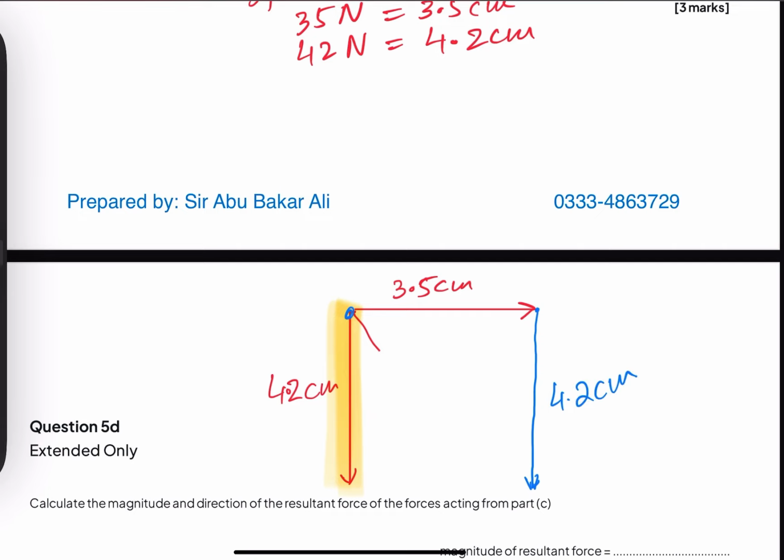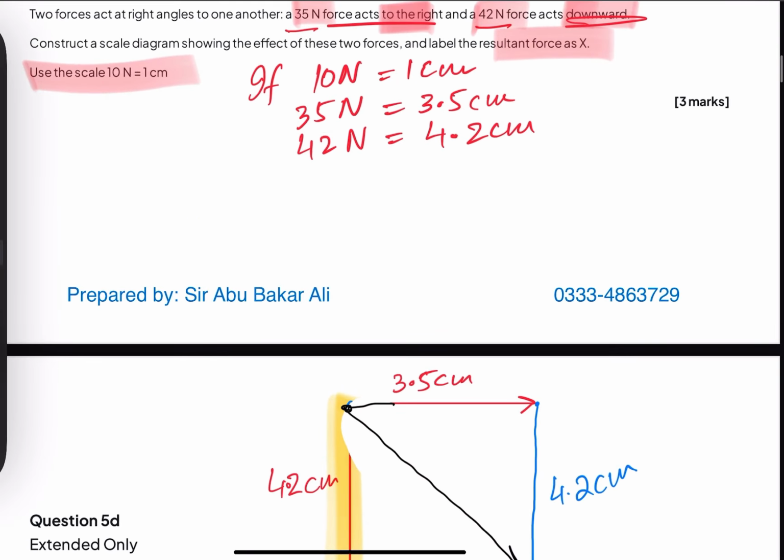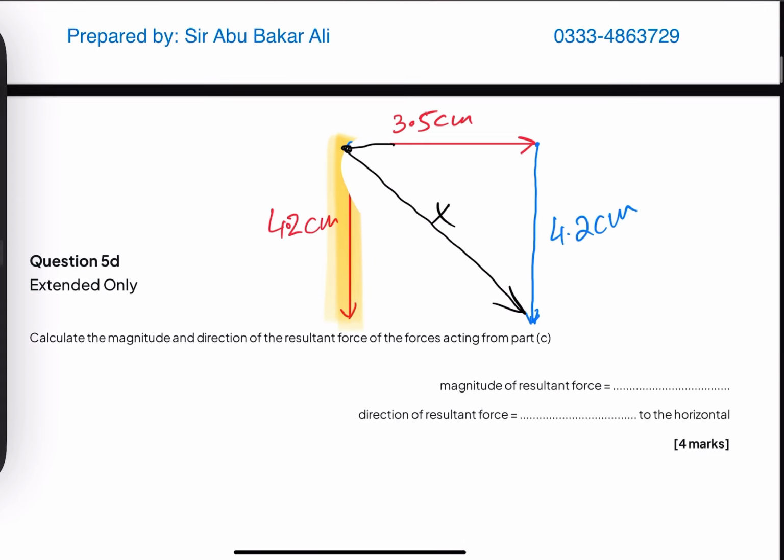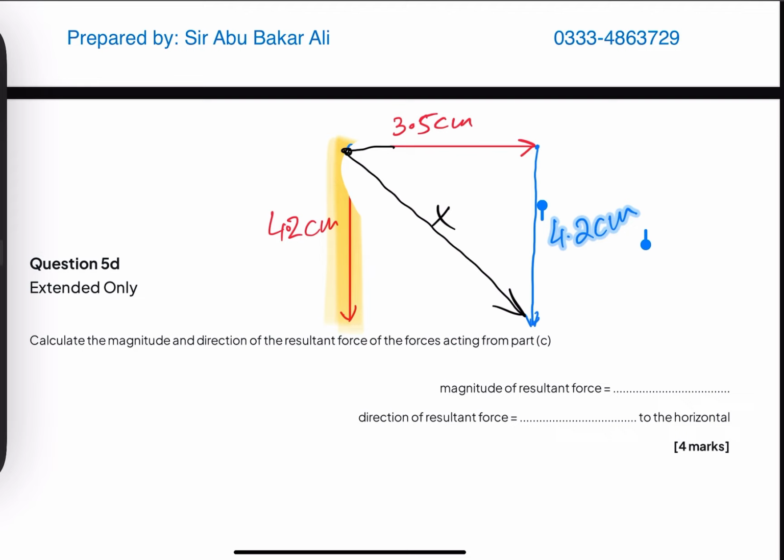The resultant force will be from the tail of the first toward the head of the last. This will be the resultant, and we have to label this resultant with x. Okay, you can measure the length with the measuring scale. The length will give you the magnitude.